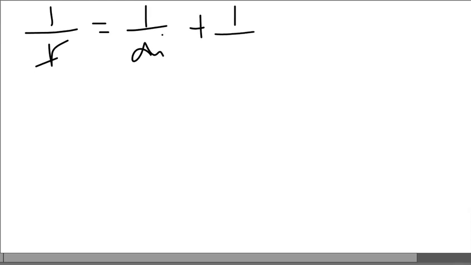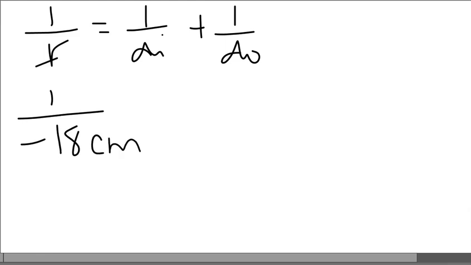So for DI, we use our thin lens or mirror equation: 1 over F equals 1 over DI plus 1 over DO. You can see right off the bat, if I don't make my F negative, I'm going to get the wrong answer.